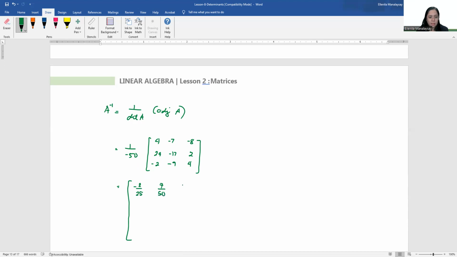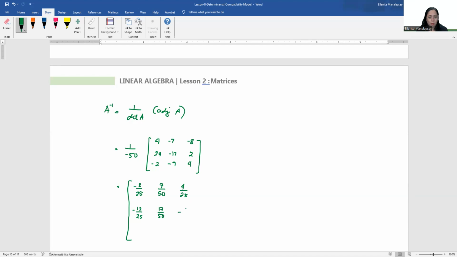Negative, negative, positive 4 over 25. And then 24 over 50, negative 12 over 25. Then negative, negative, so that's positive 17 over 50.